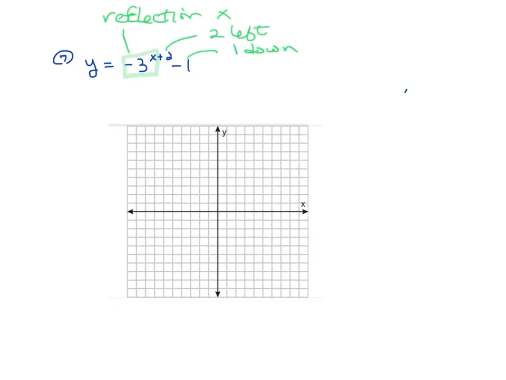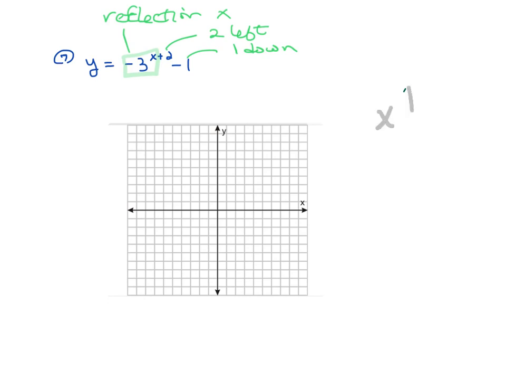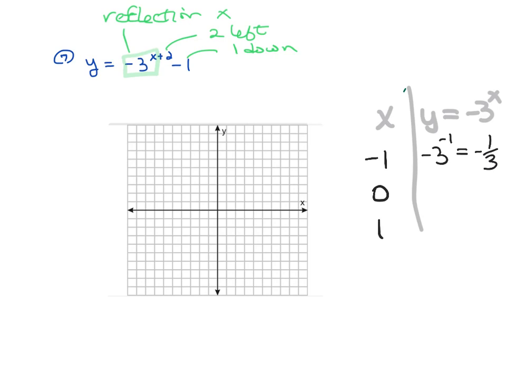But let's get our 3 points plugged into this function, -3^x. So -1, 0, and 1. This becomes -3 to the -1, which is -1/3. -3 to the 0 is -1. -3 to the first is -3.